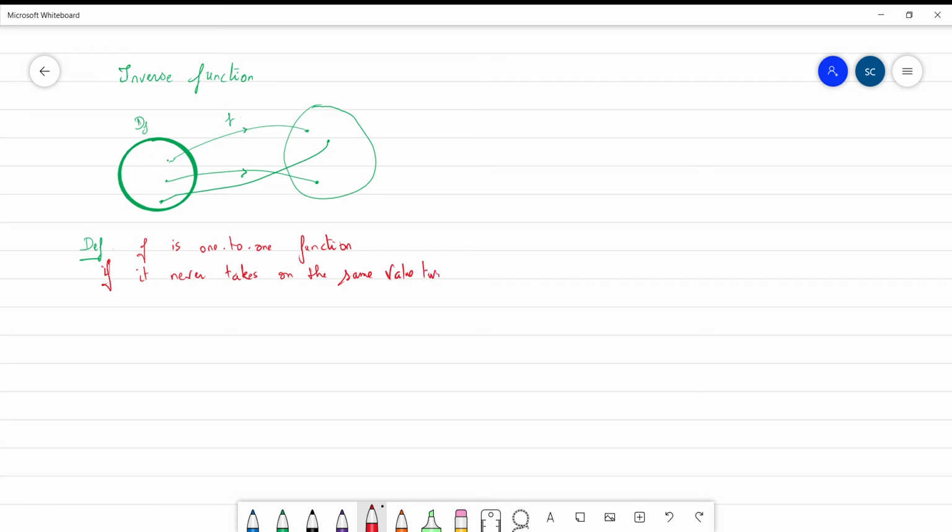That is, each time you have two distinct images, whenever x1 is different from x2.